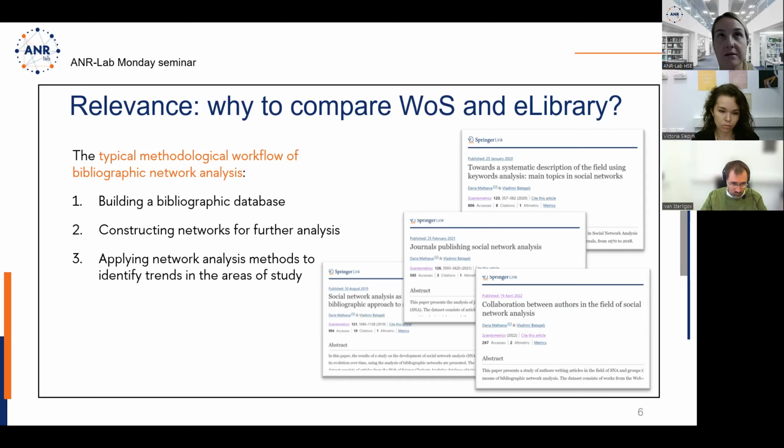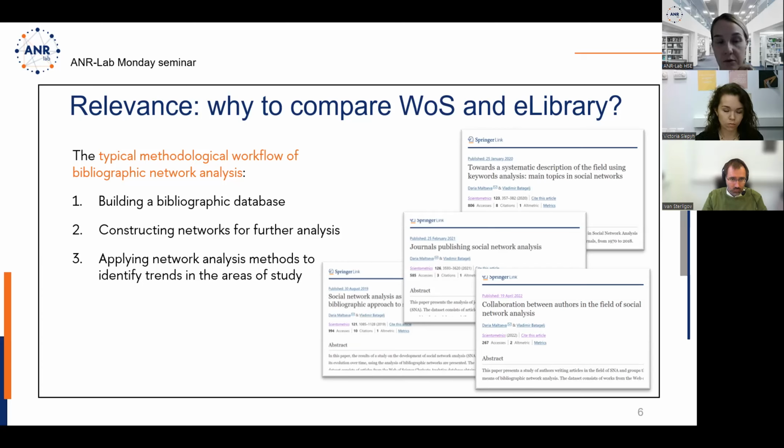We were analyzing not a national scientific community, but the scientific community in general, the international one. So it was an obvious thing to take data from Web of Science and to analyze it.